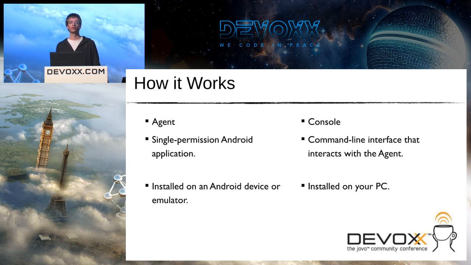And it sits there and it runs ideally with no permission, so it simulates what any application can do to your application. Although in reality, we do have to have one permission, which is the internet permission, so we can do networking. And then there's the console, which you run on your PC, and it allows you to interact with the agent and run bits of script against it.